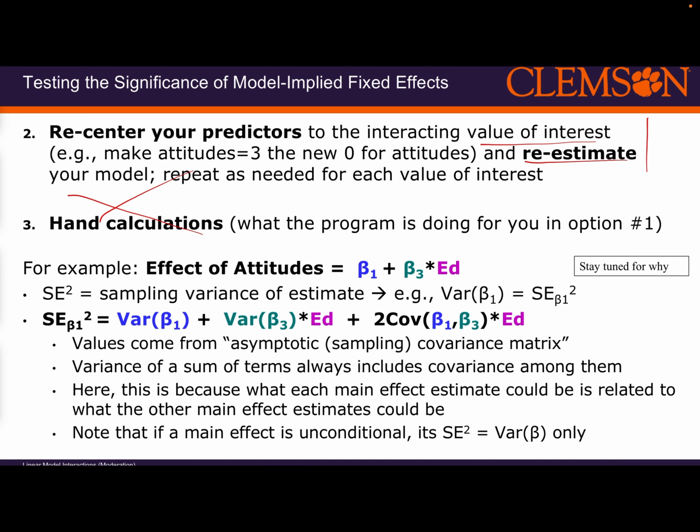And the reason why is that the standard error of attitude is not as simple as multiplying the main effect and interaction, or adding those together times the interacting variable. So let's think of how the standard error is calculated. The squared standard error is the sampling variance of the estimate.